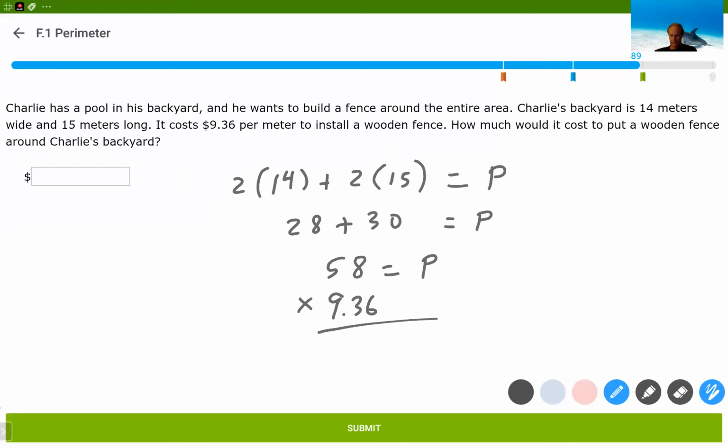Calculator. I pause it, but it doesn't let me for the way that I'm doing this. There we go. All right, 58 times 36. 2088.